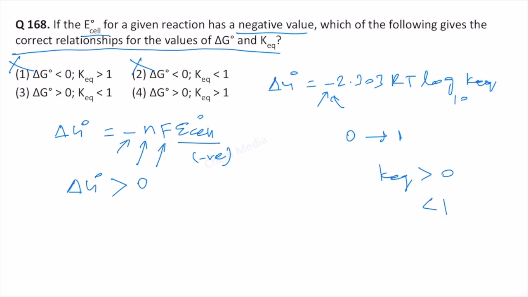So, this means K equilibrium has to be less than 1. Therefore, option 3 is the correct choice here, because if K equilibrium is greater than 1, then delta G won't become positive, it would become negative. That's why option 4 is wrong.